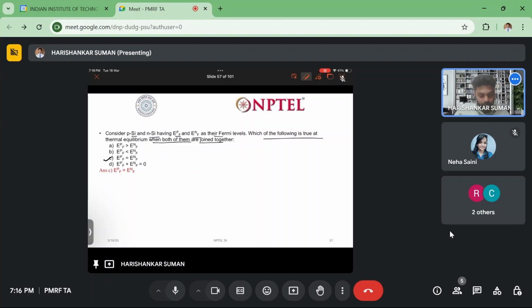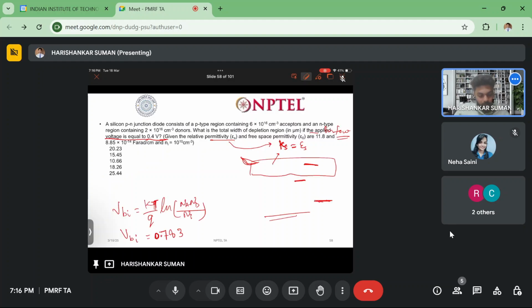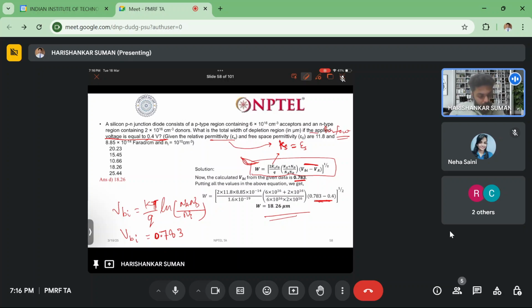Next question, you have to find the depletion width. So use this formula, and other things are given: concentration of electrons and holes, acceptor and donor, built-in potential, and applied forward bias.